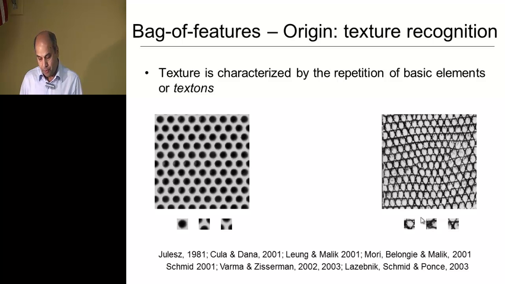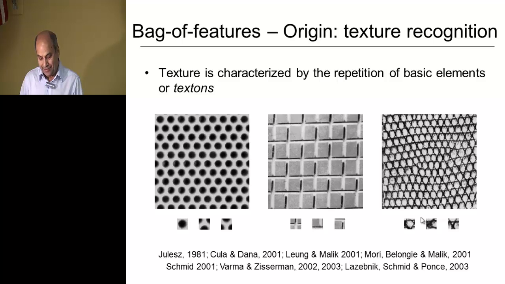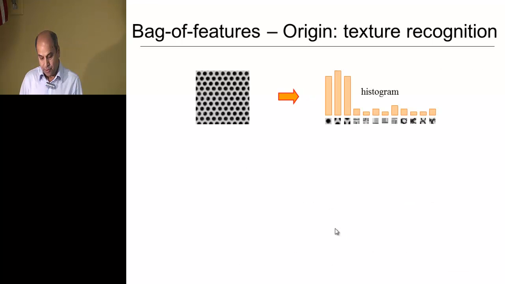Okay, so this is a third example. These can be texture elements, and we can define these images in terms of the distribution of these texture elements. So let's say we have this image, and these are the textons, the texture elements.